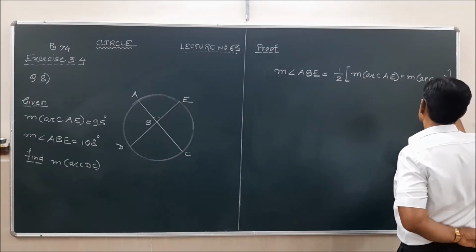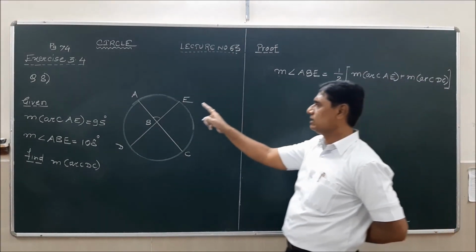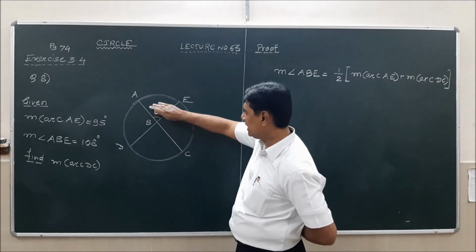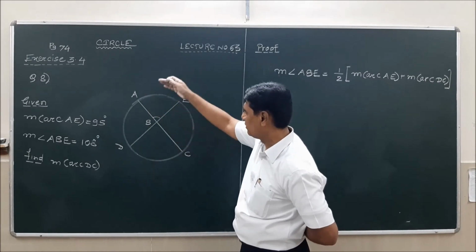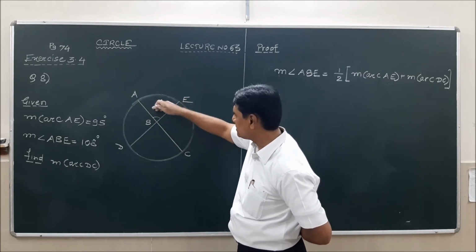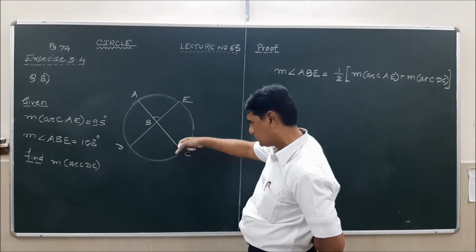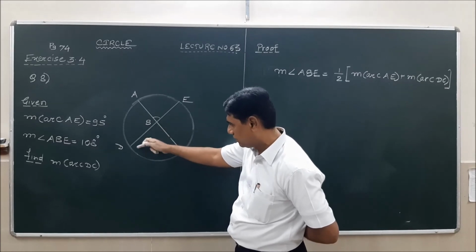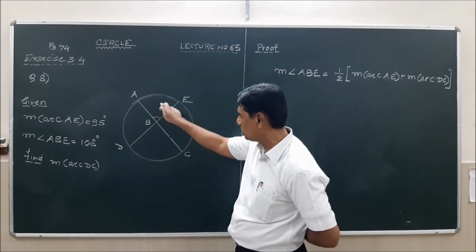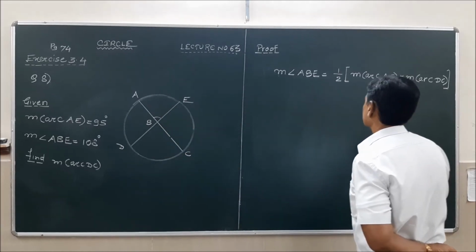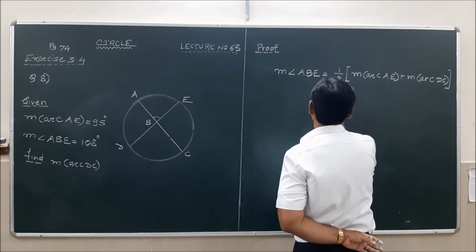Very important. Whenever the vertex is in the interior of the circle, then the angle is half the sum of the arc intersected by the angle as well as the arc intersected by its vertically opposite angle. Very important. So that is equal to half.